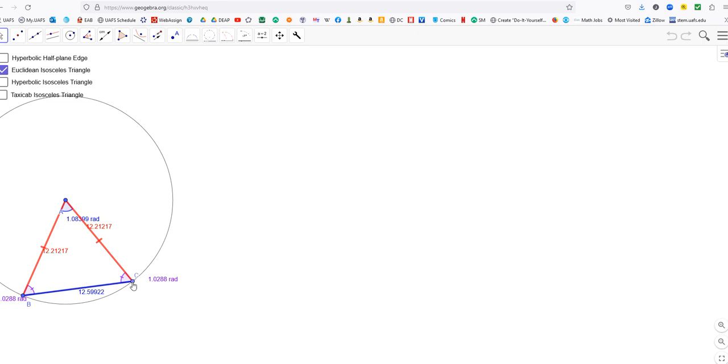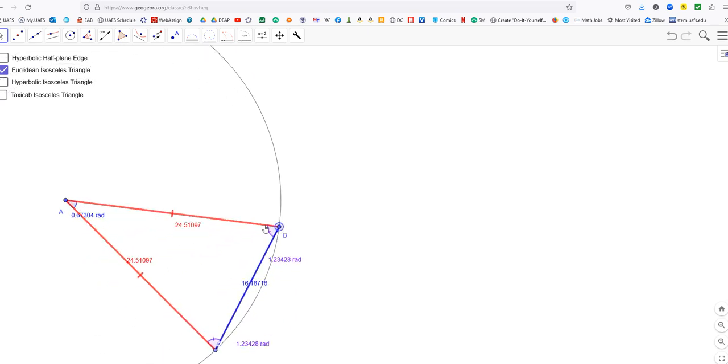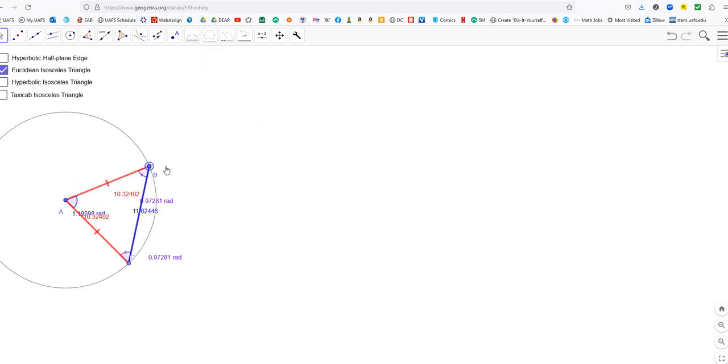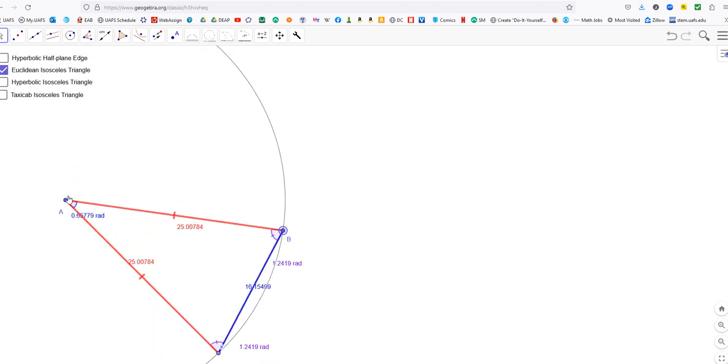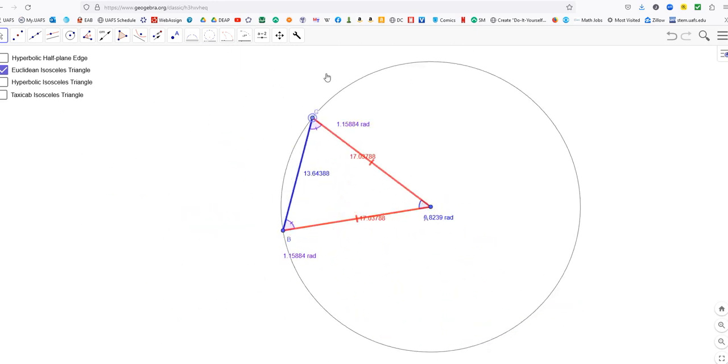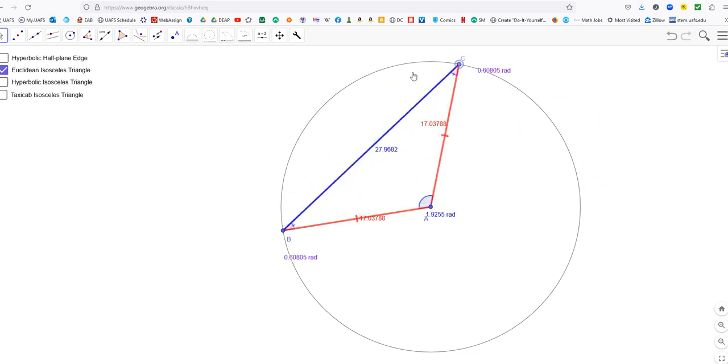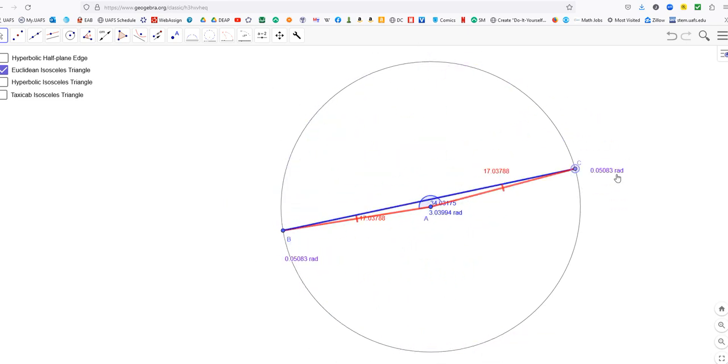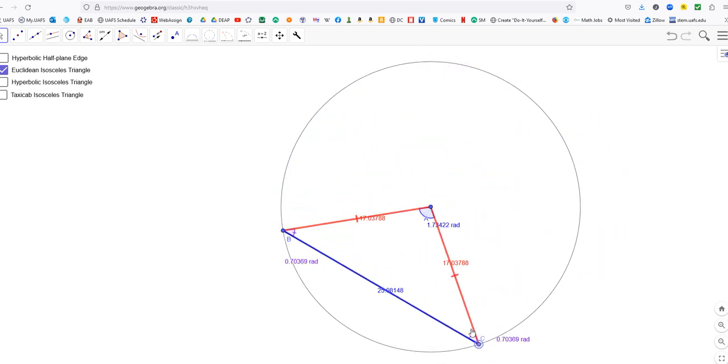And the way you build them in GeoGebra is you start by building a circle by center and point to get the points A and B, which are free to move anywhere we want them. And then C is just another point on the circle. And then you finish up with the line segments. So that is an isosceles triangle that is Euclidean.